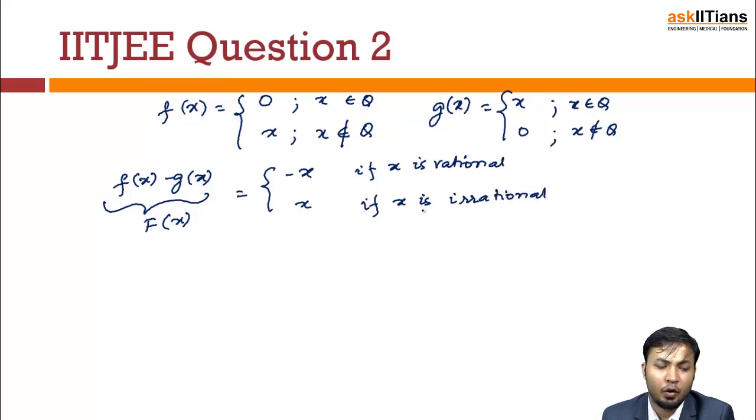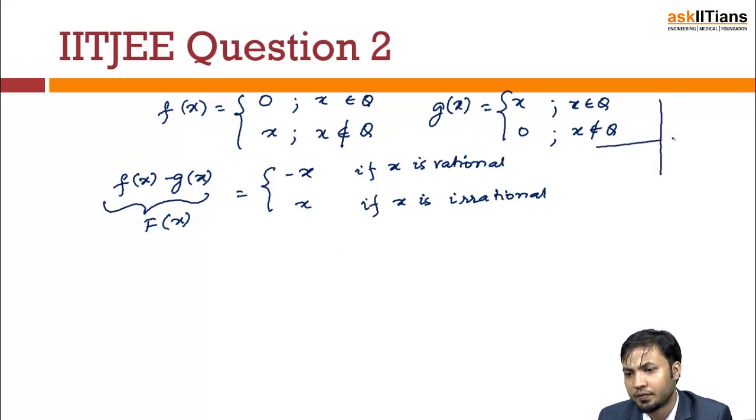Alright, now for this case I need to be clear that if I put it on a graph sheet, I'll get a symmetrical condition like this for both the cases. This will be my 1 and this will be my 2.